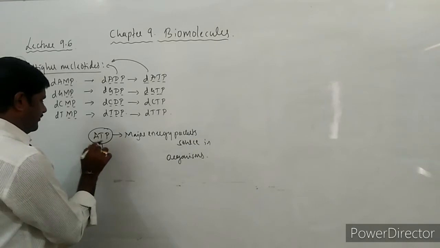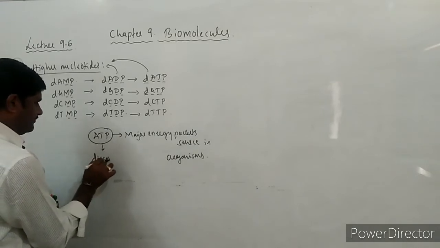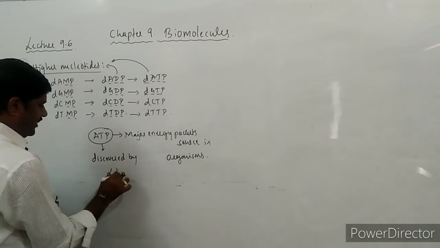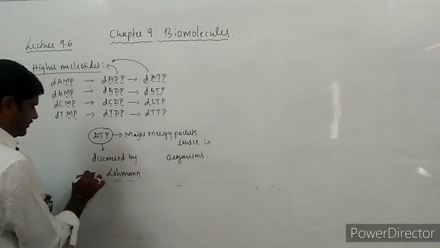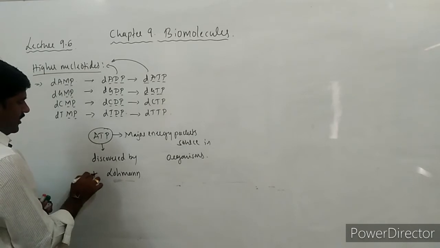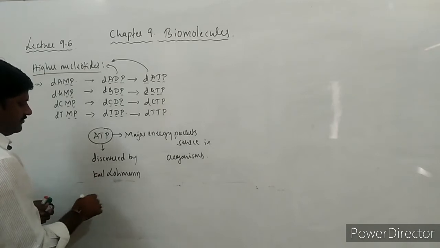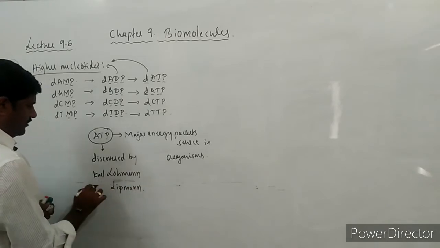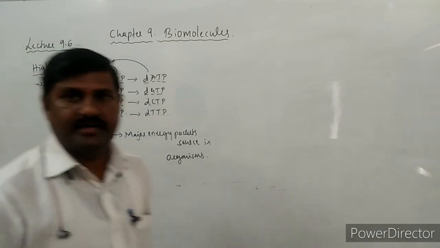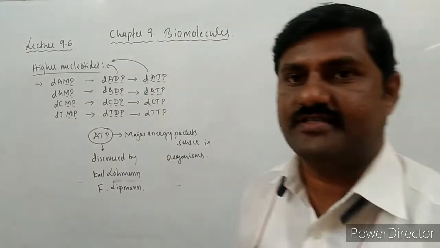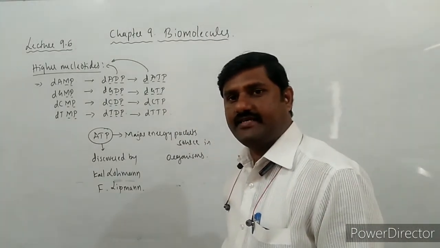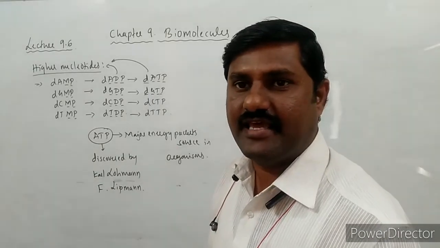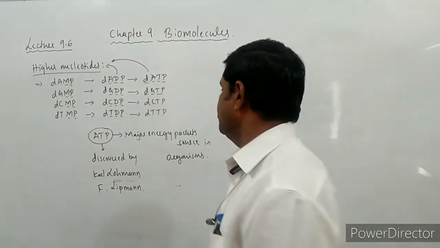And this ATP was discovered by Lohmann, right? So Karl Lohmann and F. Lipmann are the two scientists who discovered this ATP, and they said that this is the major energy source in both plants as well as animals. This is a fact you must know.